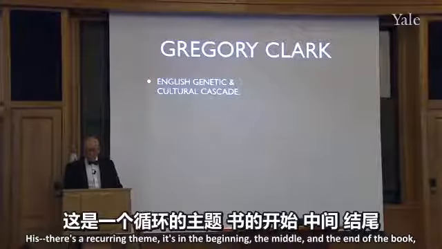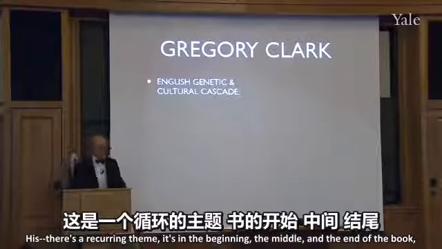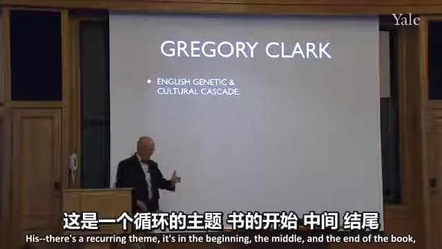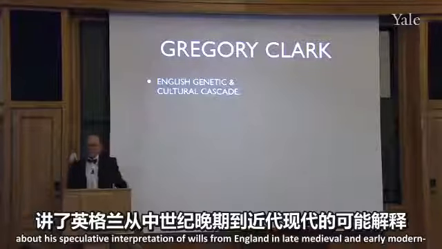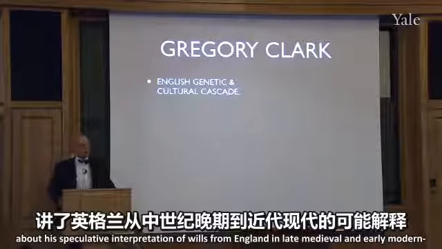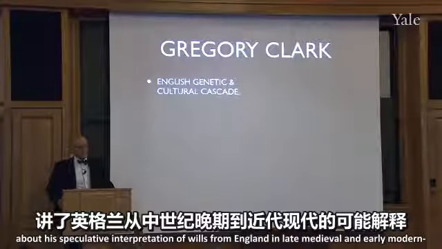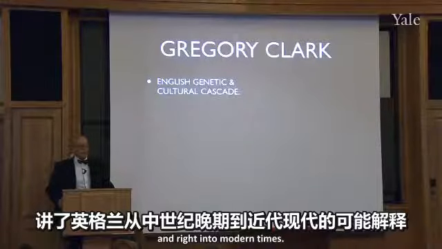And there's a recurring theme. It's in the beginning, the middle, and the end of the book about his speculative interpretation of wills from England in late medieval and early modern and right into modern times.